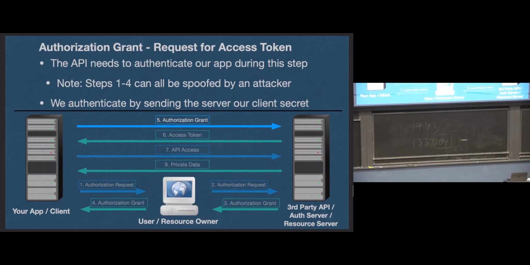So now we need to actually verify things and say, hey, auth server, we are this app, this is legit, it's from me, and we do that by sending the client secret. The client secret never is involved with any step of the process except this one, when we're talking to the API directly, when our app is talking to the API.